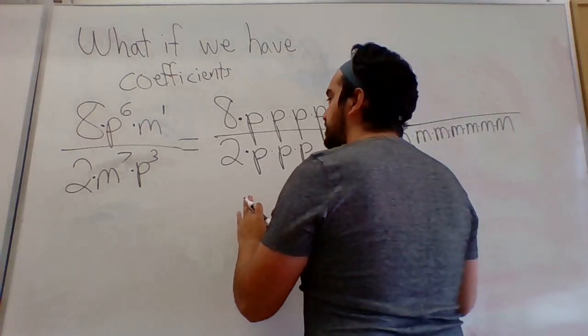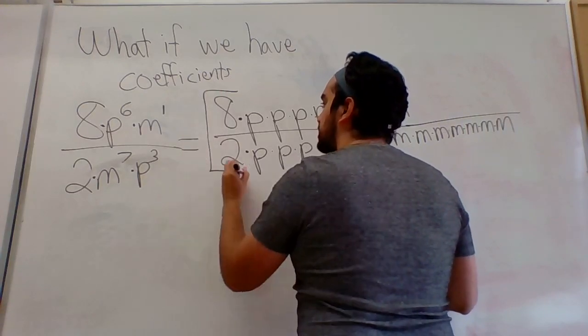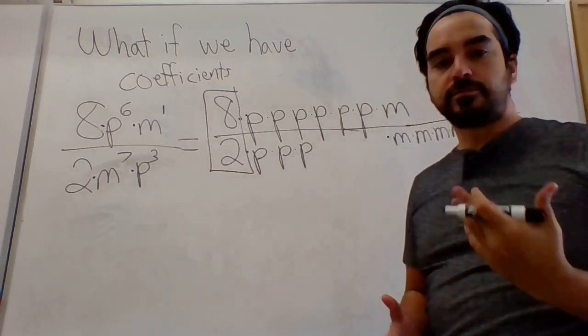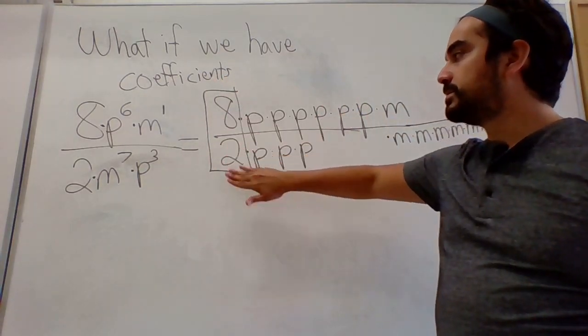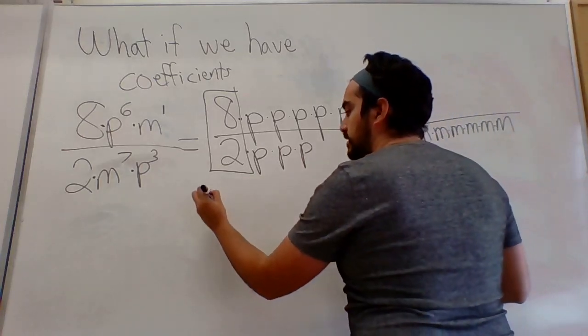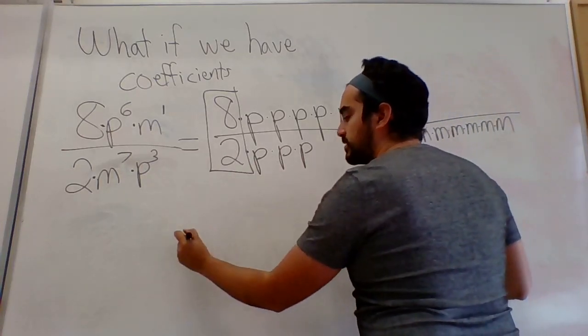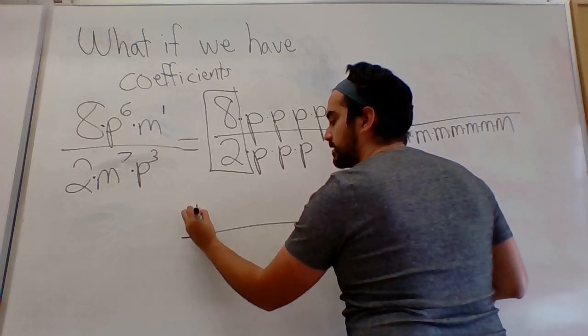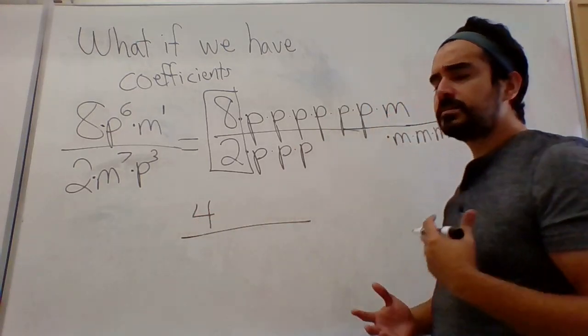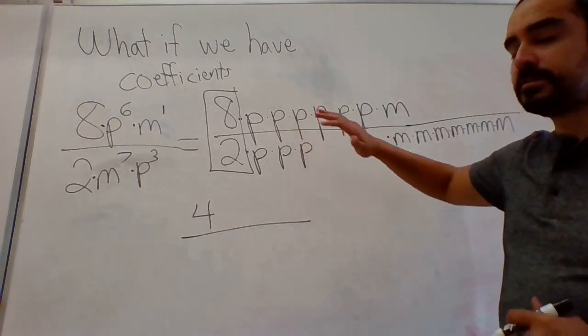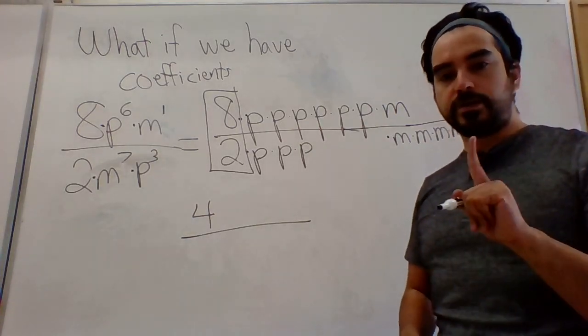So the rule is constant numbers behave normally. So 8 divided by 2 is 4. So we're still going to draw the line, and the 4 is going to be on the top. Now the next thing I've got to do is, remember, anything divided by itself is always going to be 1.